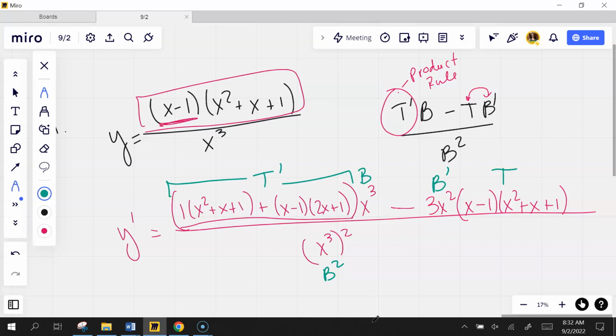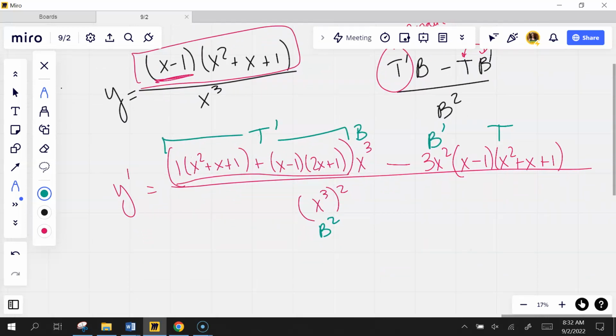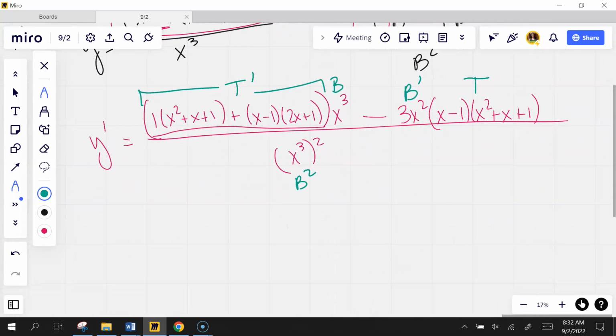That makes sense? Still lots of places to mess up. If I start cleaning it up a little bit, I have x squared plus x plus 1 plus 2x squared plus x minus 2x is minus x minus 1.